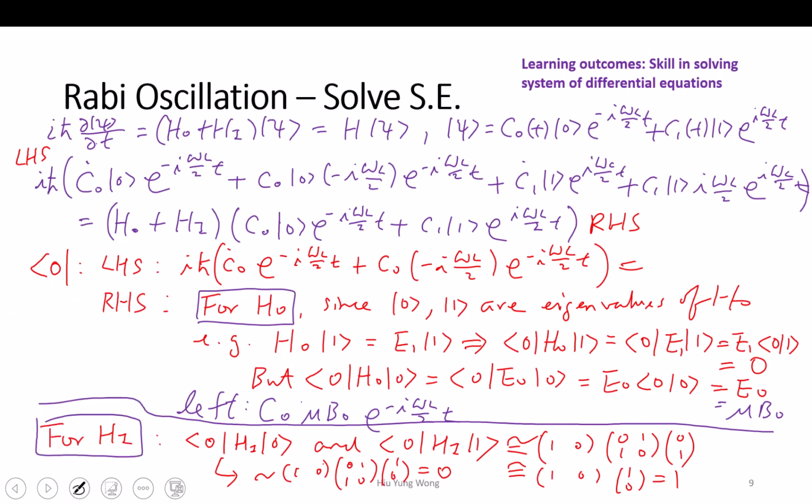Yeah, so this is the left-hand side that we have, right? So let me copy.